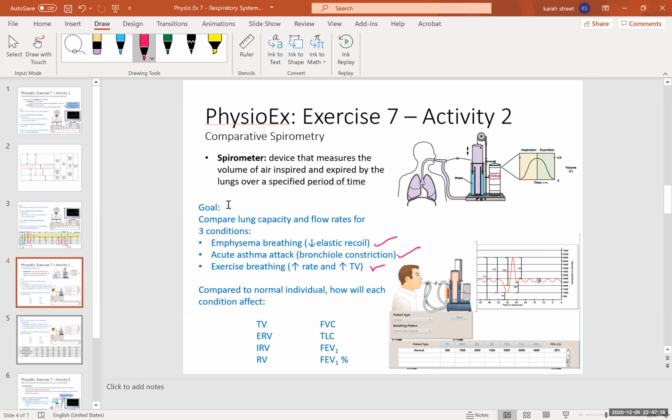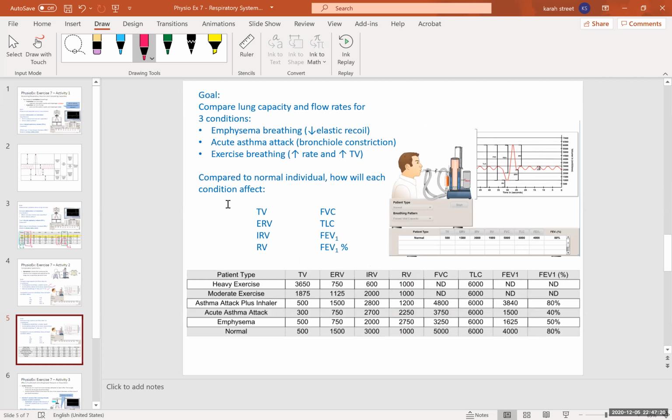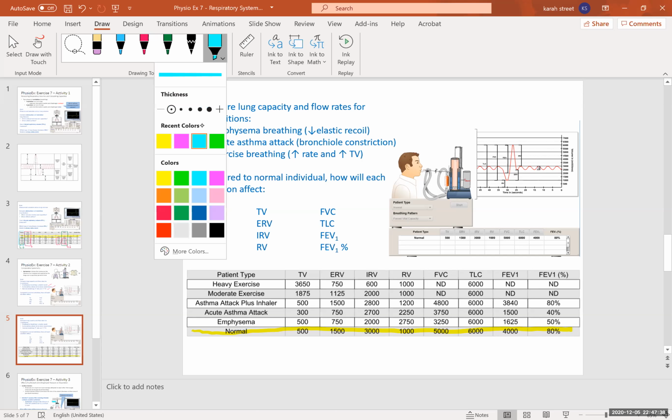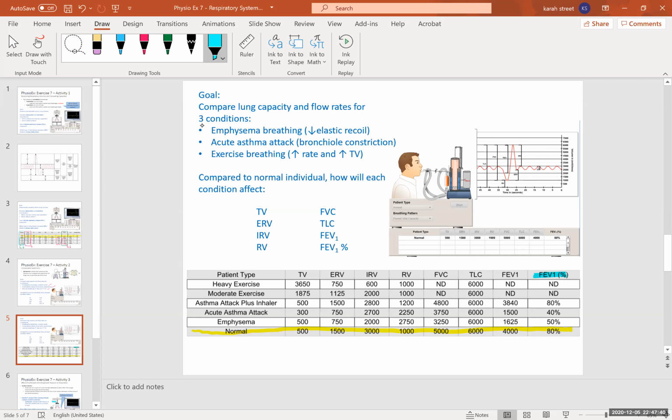So our data, I'll address the exercise in just a moment, but first I want to start with normal. That's our baseline read. And the rows that I want you to pay attention to the most, I'm going to highlight in blue. I want you to pay attention to FEV1 percent.